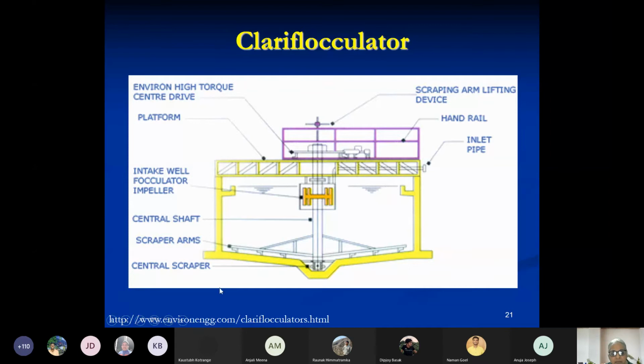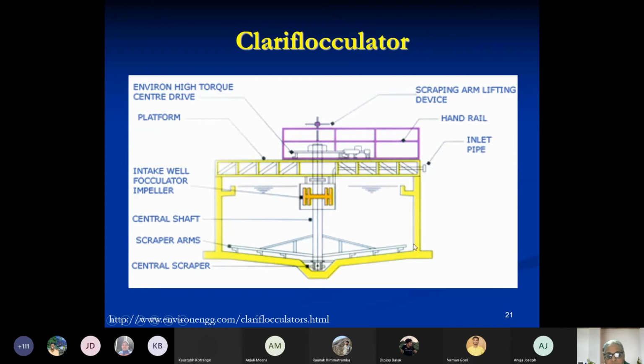So when this entire shaft is rotating, what you get is whatever has settled over here at the bottom is going to be automatically pushed into the hopper.